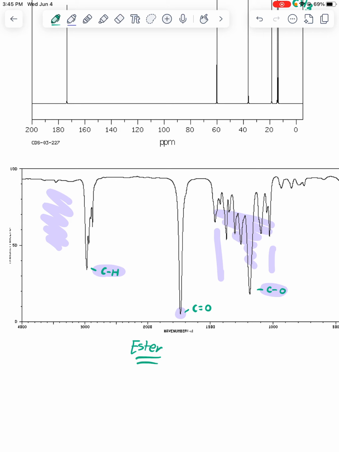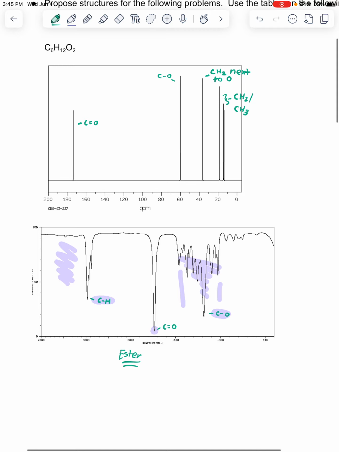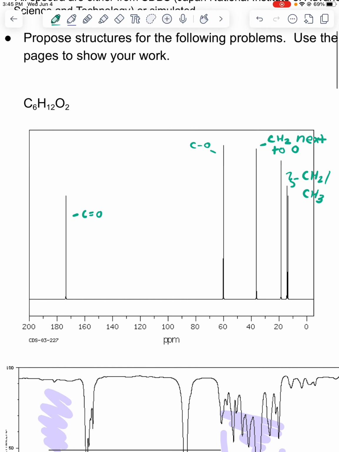Now we go to the 13C NMR spectrum analysis, where there are 5 total peaks. So we have this 2, 3, 4, and 5. The first one we're looking at is at 175 ppm, and it's clearly a carbonyl carbon for an ester.